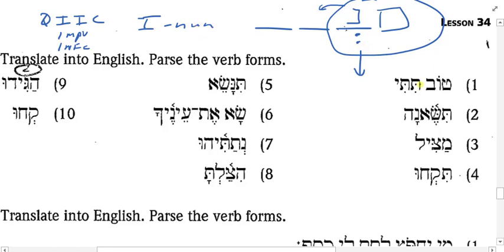So let's start over here with number one. And why don't you repeat after me? Tov titi. Tov titi. Okay, so this is good is this verb, titi. Something is good. What's good? This is what verb? What do you think? It's Nathan. Oh boy.